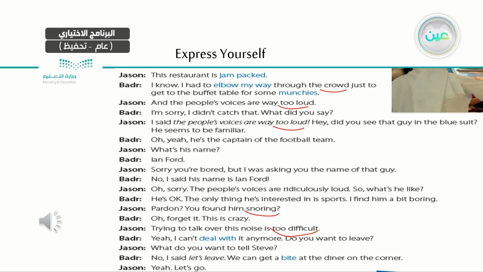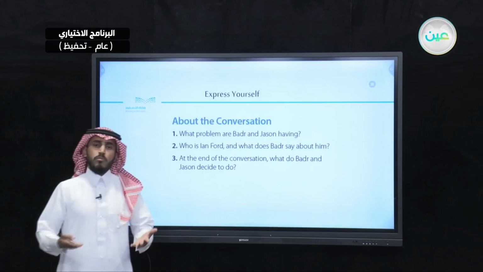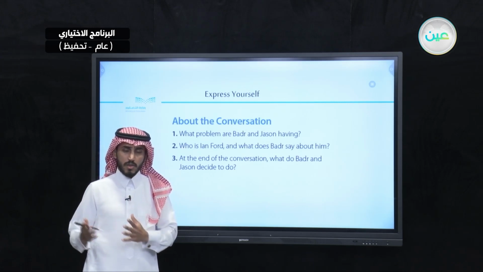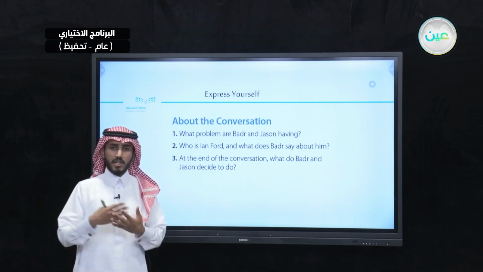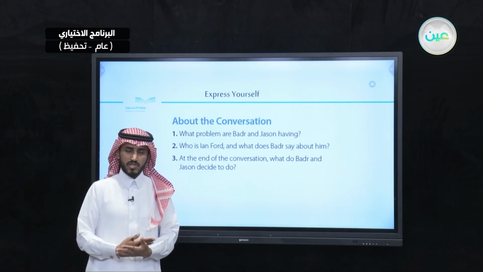After we have listened to this conversation, I think now you are ready to answer some of the questions about this conversation. Number one, what problem are Badr and Jason having? We have talked before about the proper way of answering the post-reading questions.